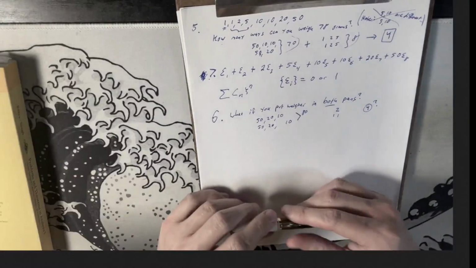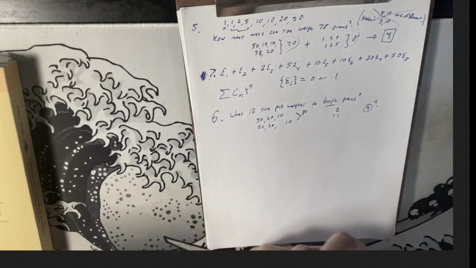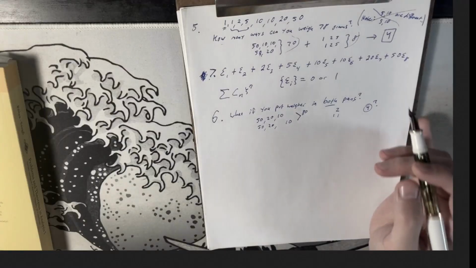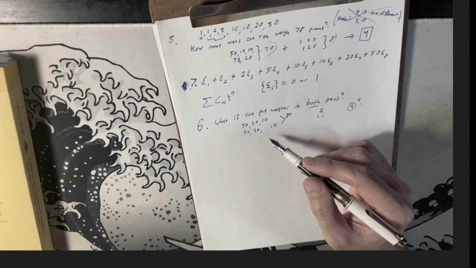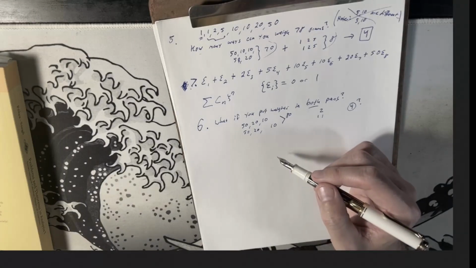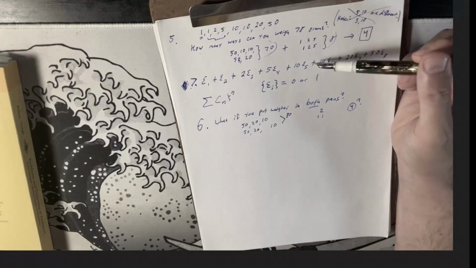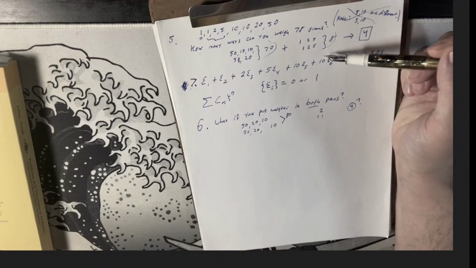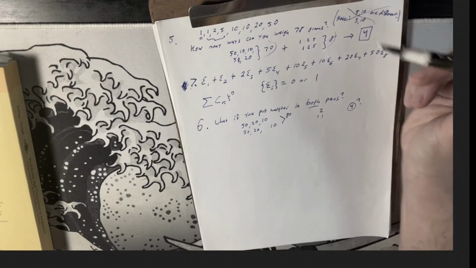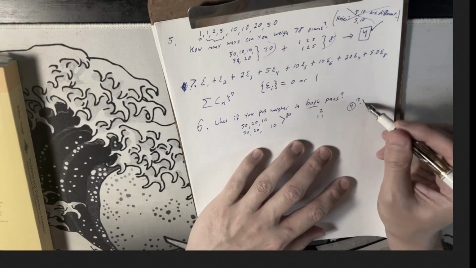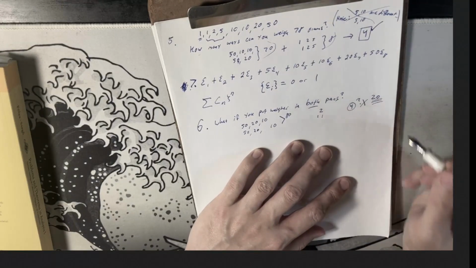So I'm way off. Oh, wait a minute. Well, we could still do... Yeah, I just don't see it. Like we could always. I was way off on this. The answer is supposed to be 20.